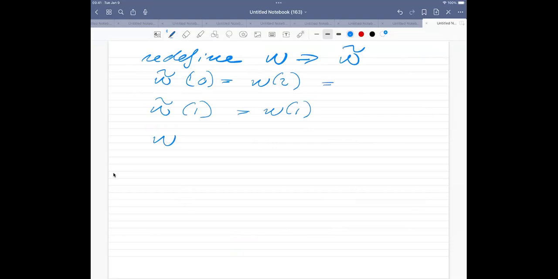So this was the same as beta 2 here. No, sorry, alpha 2. No, not alpha 2 here. And this is the same as alpha 1. And here I redefine 2 here to be equal to the original value 0, which is then alpha 0.